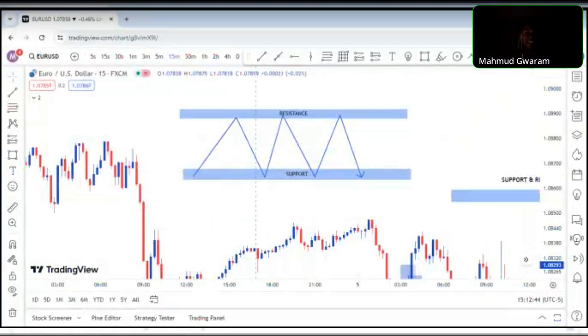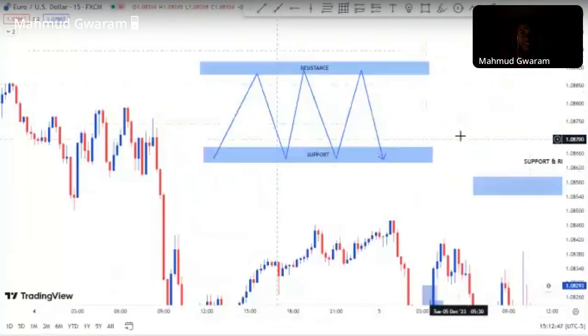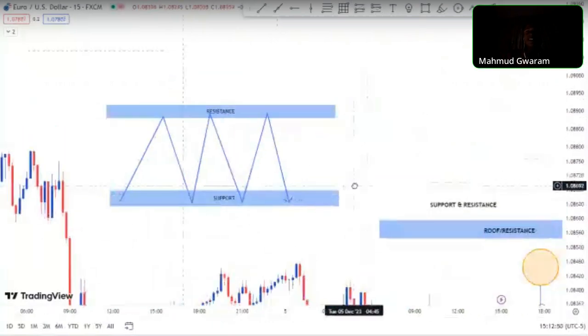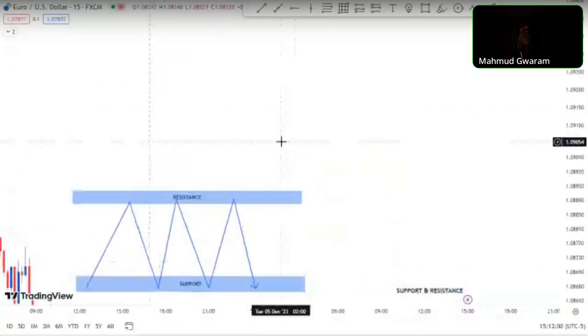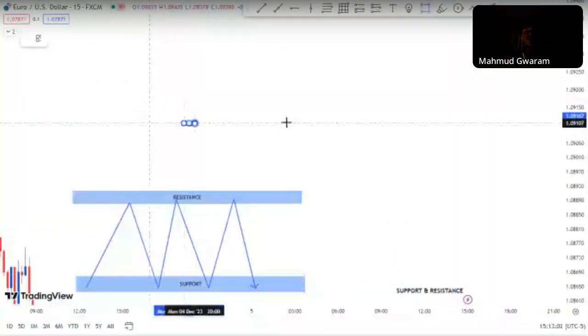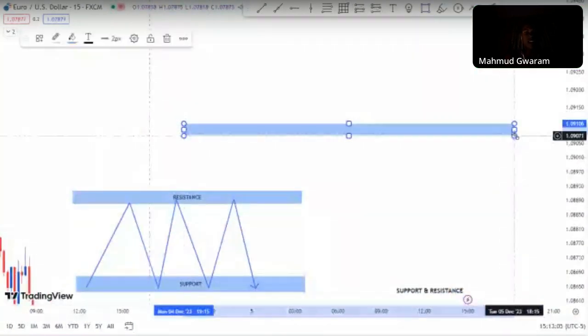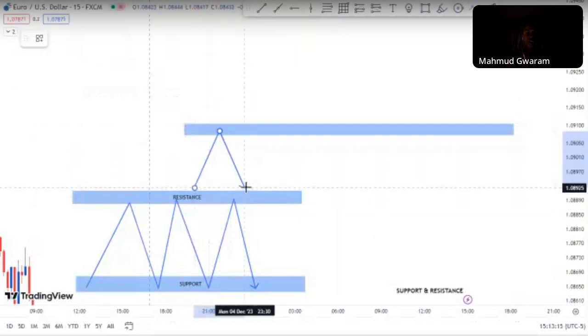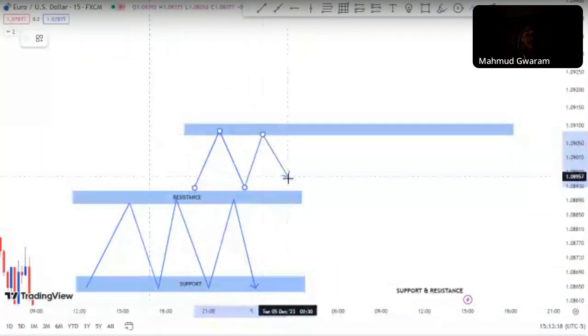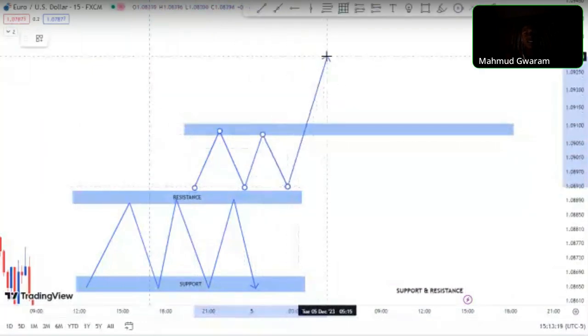All right, so if there's the first type of scenario, this one I draw here, this one here, this is the first type of scenario in support and resistance strategy. The second scenario you'll find is what we call support becomes resistance. It's just one line. The market will be moving like this. It will break out of this support because it was acting as support before.